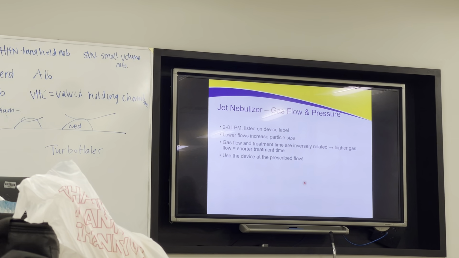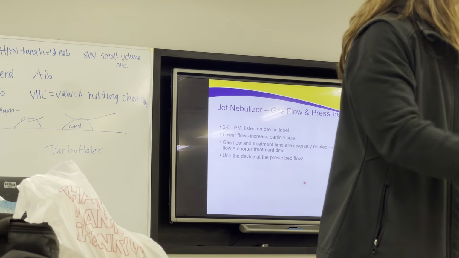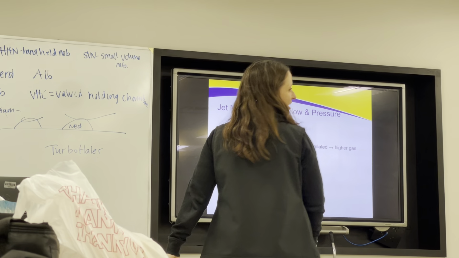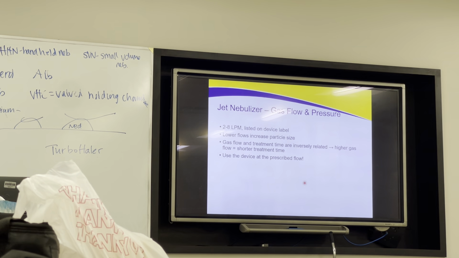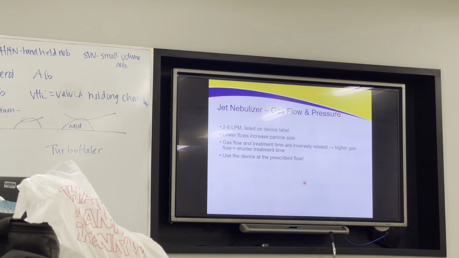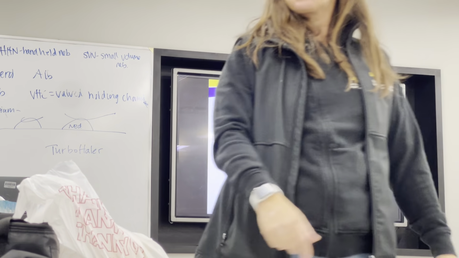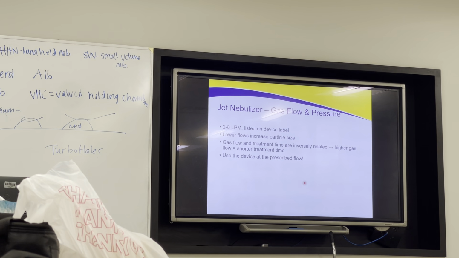And the baffle should be on the inside of the opaque piece, that little Mercedes looking sign, okay? It's on the inside of that. So you take it off and look at it, see? Yep, so that's the baffle. So it hits the baffle and it goes whoosh, and turns into an aerosol, okay? And then your patient breathes on one end and the medication goes in and out the other.